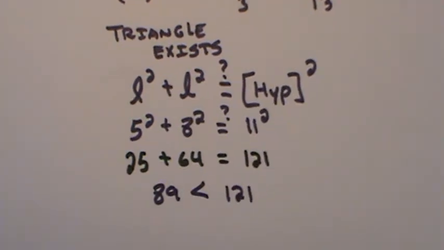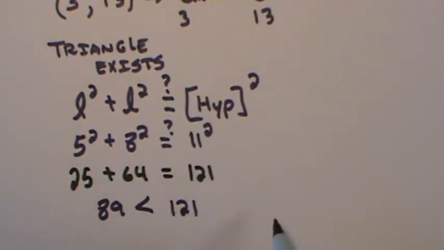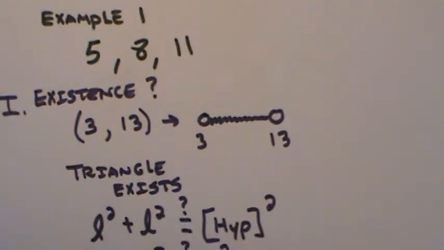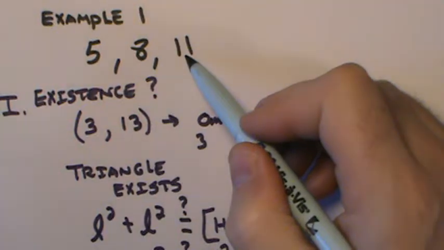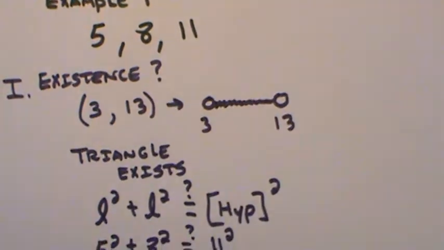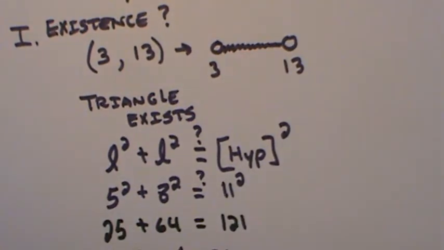Now, as a picture, we're looking at this, and you've got to realize you've got this hypotenuse, it's 11, and these 2 legs. What this is saying is that the legs are short. The legs are small.